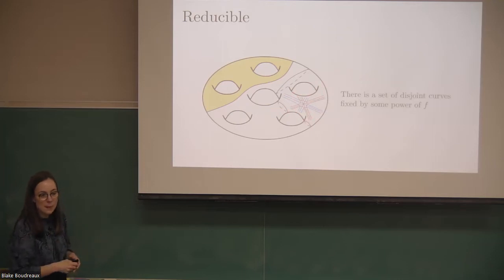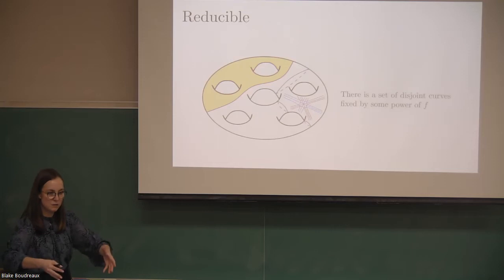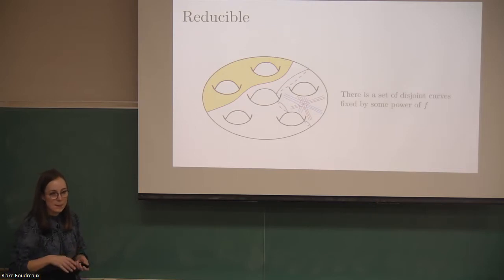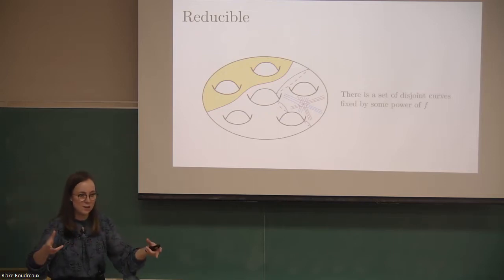This is just a homeomorphism, but two reducible maps that act on the surface in the same way will be put in the same homotopy class. But you can just think about this as a homeomorphism of itself. So every single pseudo-Anosov, you can write it as a product of Dehn twists.